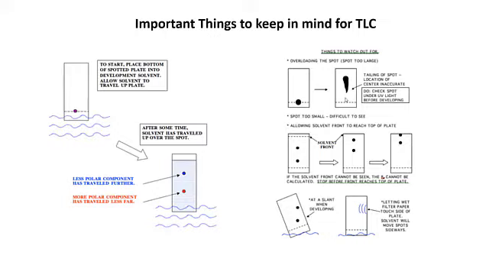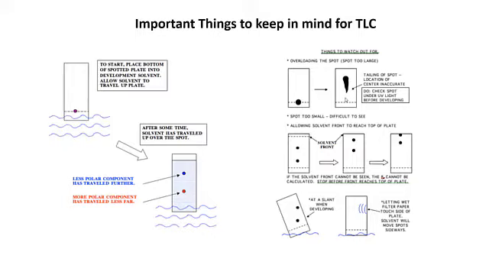So it is always important to check the spot after loading under the UV light. If you think there is enough concentration, then you don't have to overload the spot. At the same time, the spot shouldn't be too small, or it will be difficult to see.